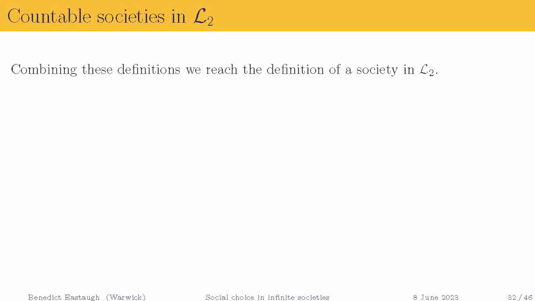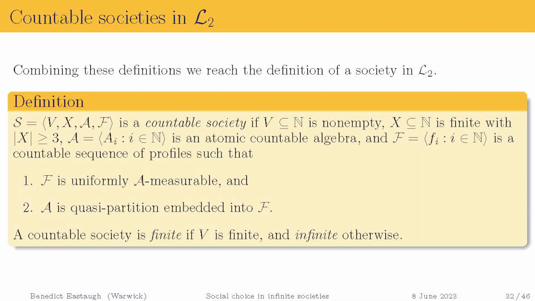Okay, so that was the hard bit. And combining these definitions, we finally have the definition of a society. A countable society is just a set of voters, a set of natural numbers, a finite set of alternatives, an atomic countable algebra of coalitions, and a countable sequence of profiles such that these two conditions are satisfied.